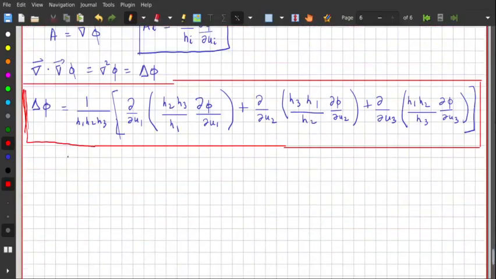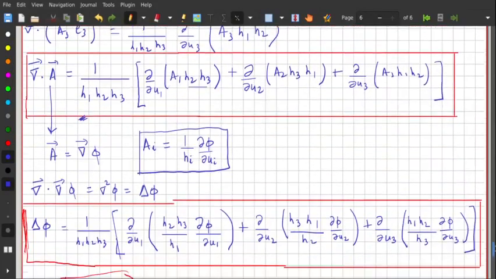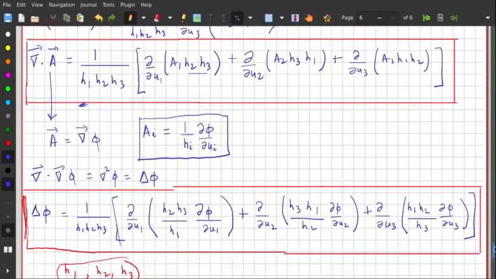If we know h1, h2 and h3, we can get the specific expression for the individual coordinate system. That's the power of this method and the generalization we were trying to build.